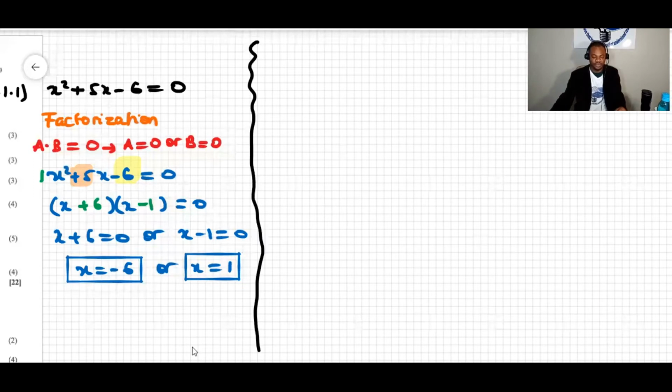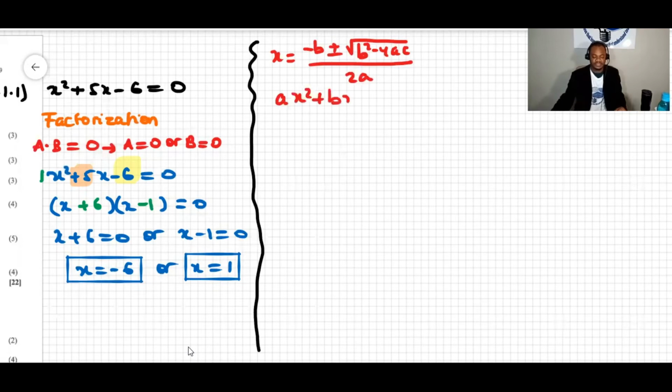Using the quadratic formula, x equals minus b plus or minus the square root of b squared minus 4ac, all over 2a, while the quadratic equation itself is ax squared plus bx plus c equal to 0. Now we are going to identify the values of a, b, and c from the equation x squared plus 5x minus 6.